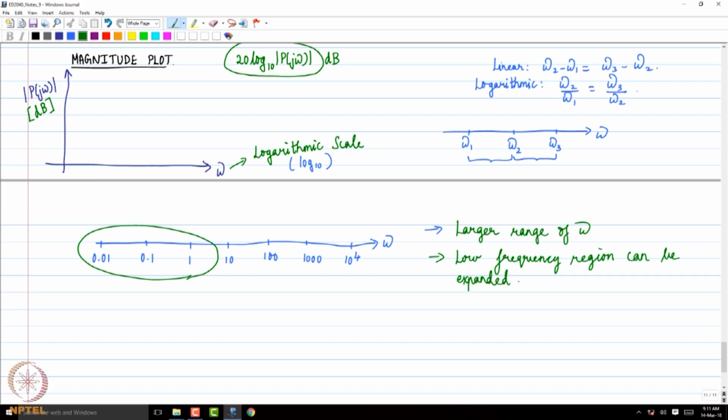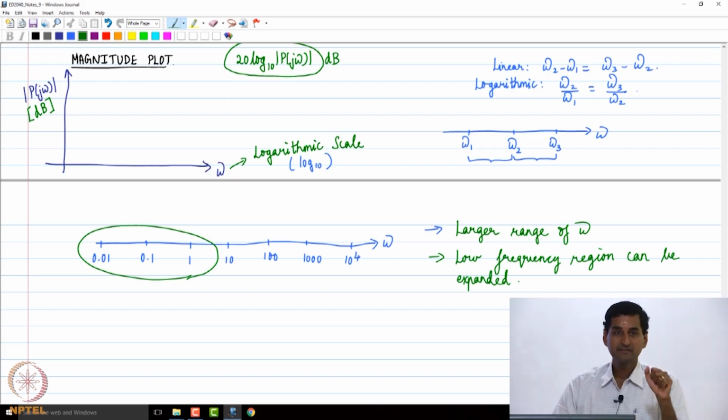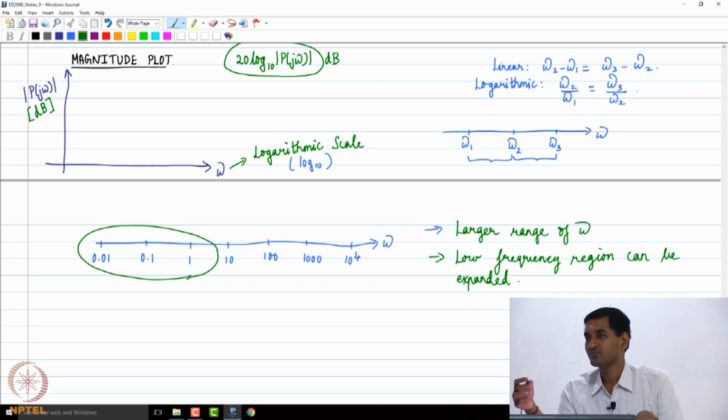Of course, what is the limitation with the logarithmic scale? High frequency gets shrunk, and I can't plot 0. On a linear scale I can start from 0, but that's okay, because practically we are looking at the frequency response. What does it mean to give a 0 frequency signal?